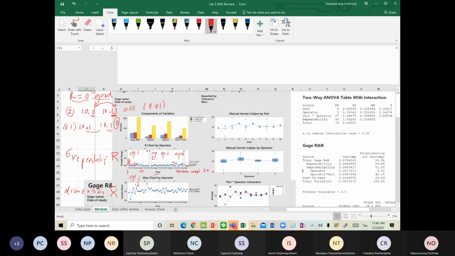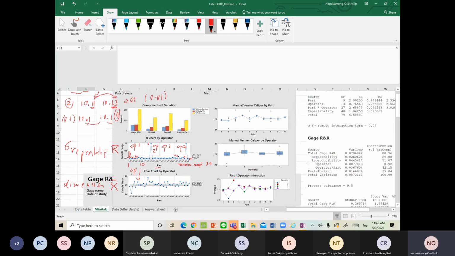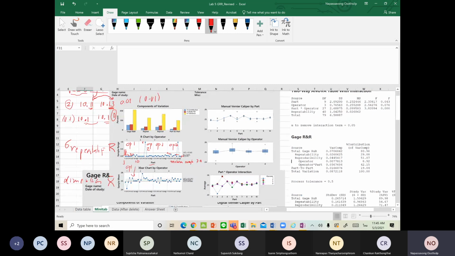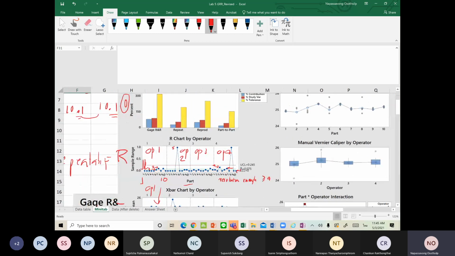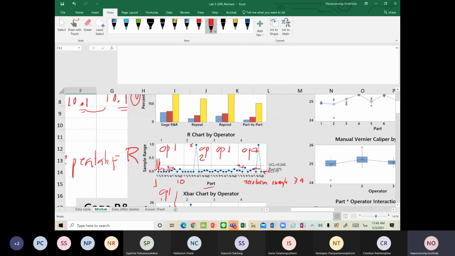The next thing that you need to be able to detect is that from this graph, there are 2 numbers which are very high.